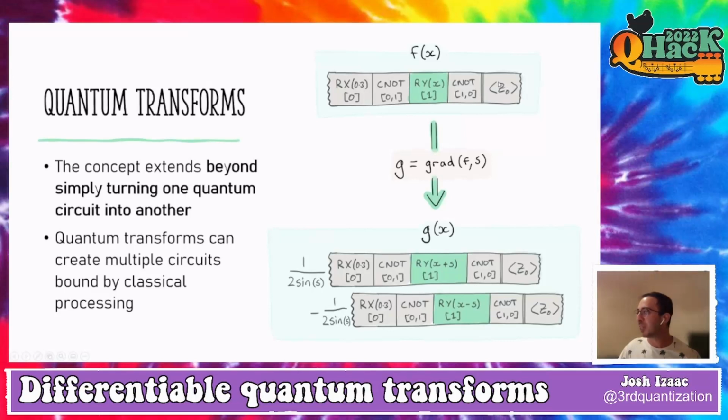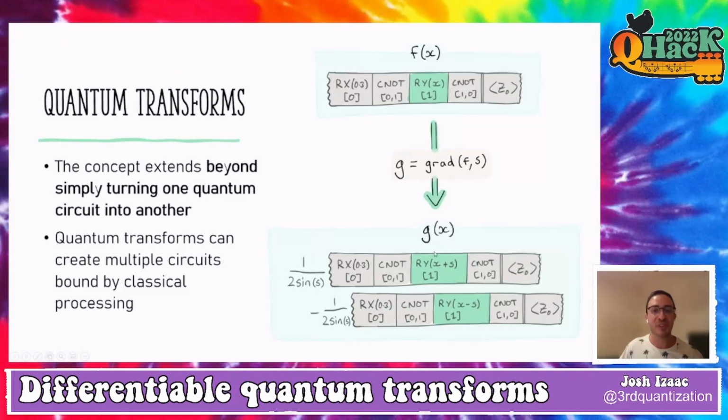We have our input circuit, with an RY gate with input parameter X, and this is the parameter that we want to differentiate. We apply our parameter shift gradient transform, and remember the parameter shift rule shifts the parameter we want to differentiate forward and backward by a shift value S. We apply this transform and we get an output, G of X.